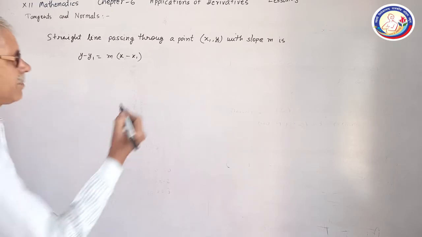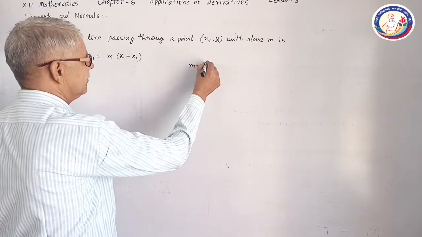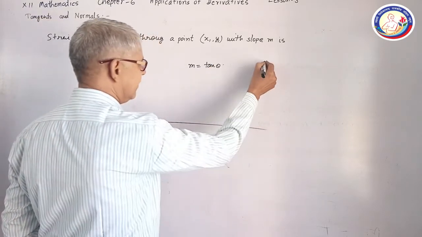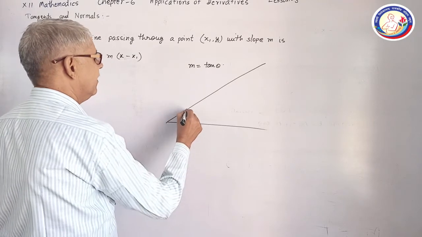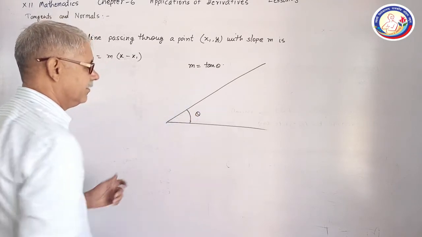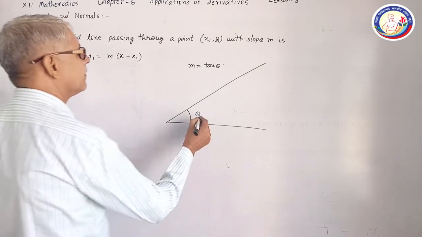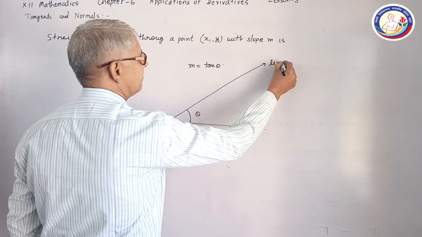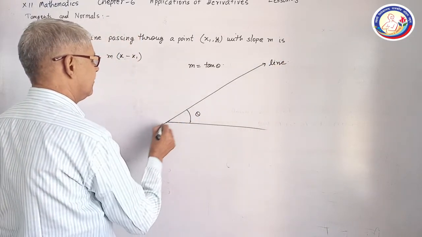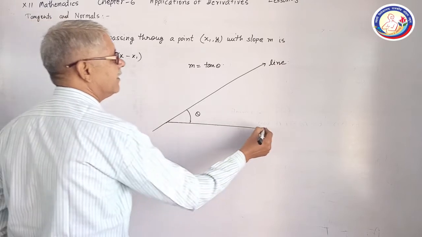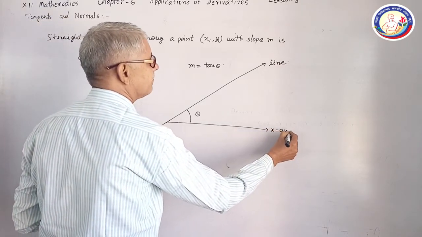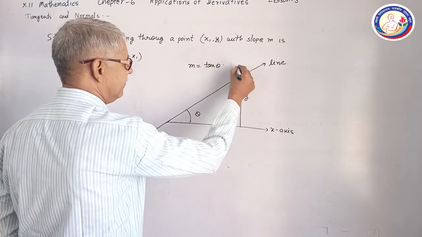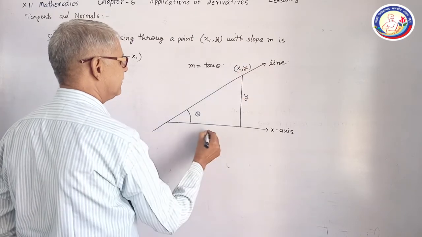What is the meaning of slope? It is tan theta. If there is any line and it makes angle theta with the positive direction of the x-axis, say this is the line, making angle theta with the x-axis, then if the point is (x, y), this will be y and this will be x.